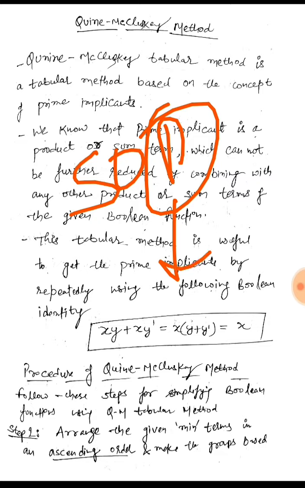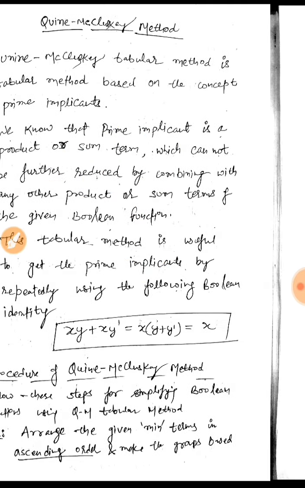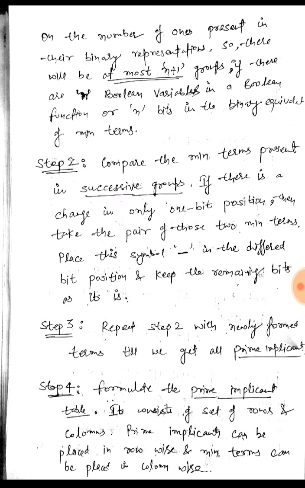Arrange the given minterms in ascending order and make groups based on the number of 1s present in their binary representation.